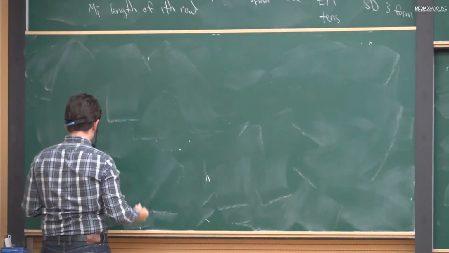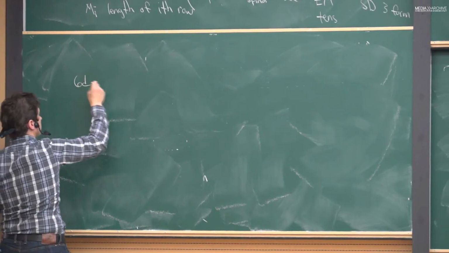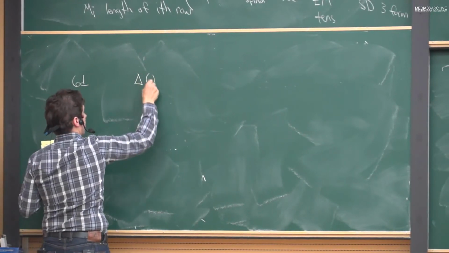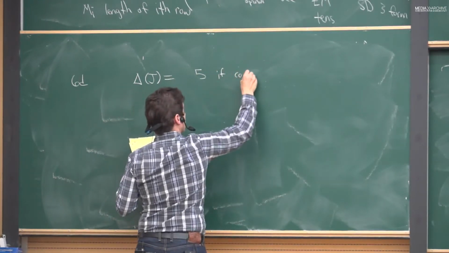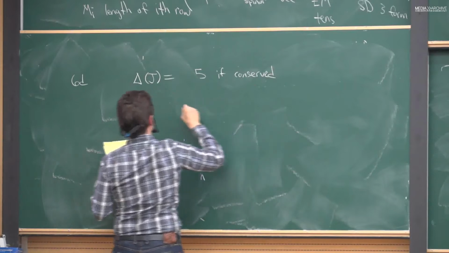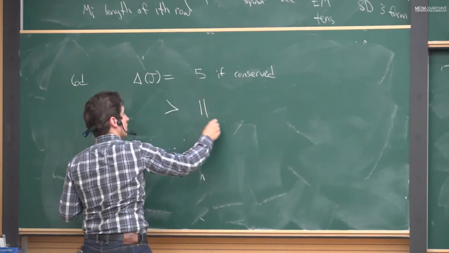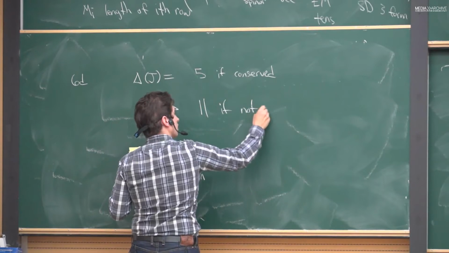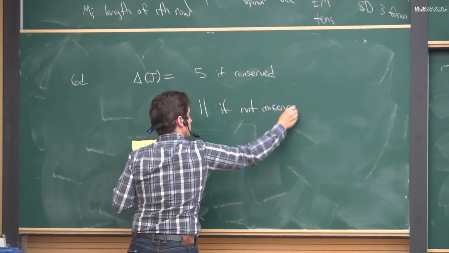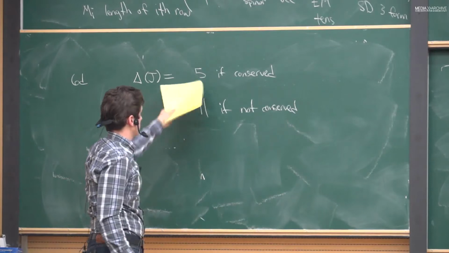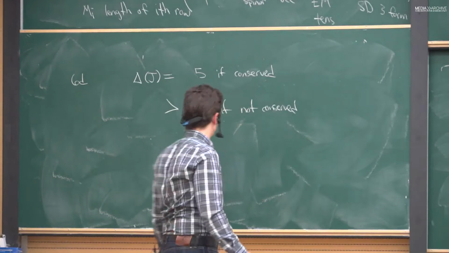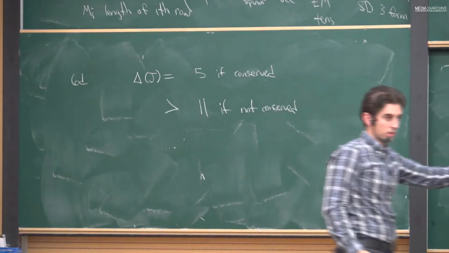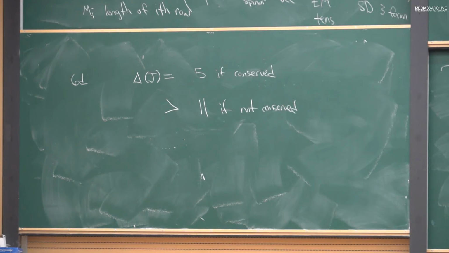Looking at that table, in 6D, delta of J would be 5 if conserved, but must be greater than 11 if not conserved. It would jump from a D representation to a general long representation. So that shows that this is just impossible. This cannot happen. So you can't have any marginal deformations that break flavor symmetry.